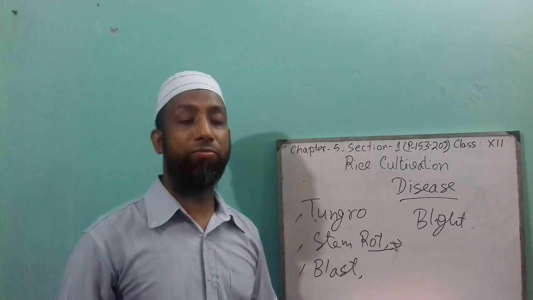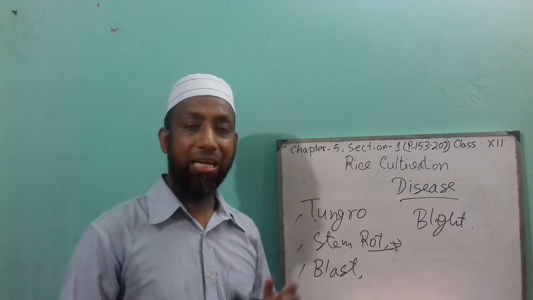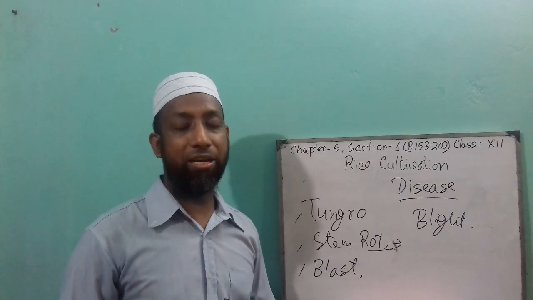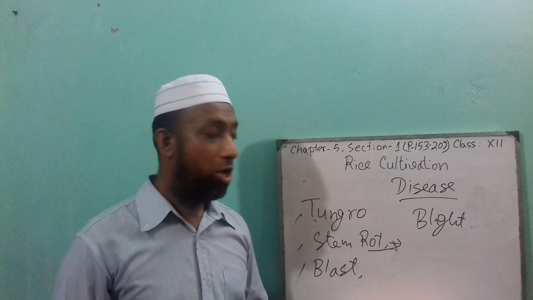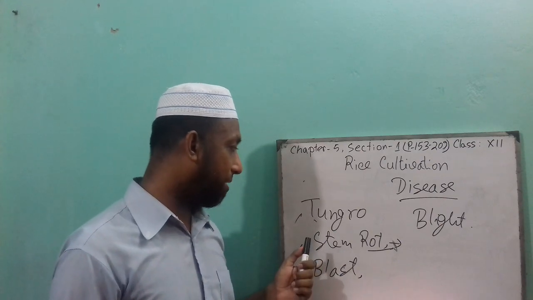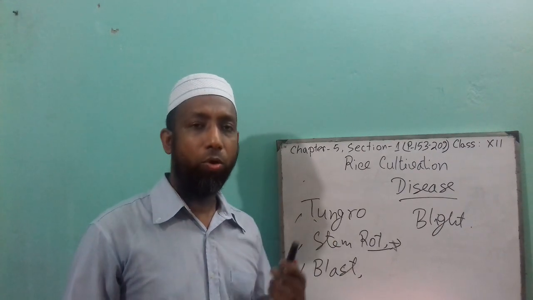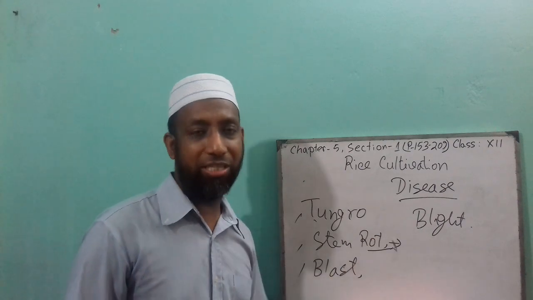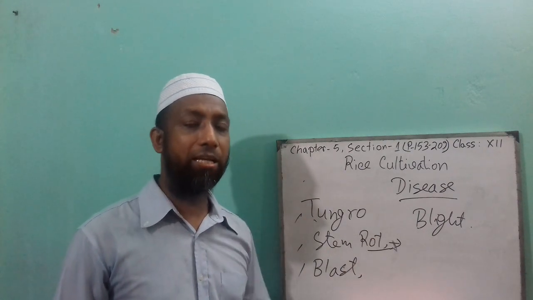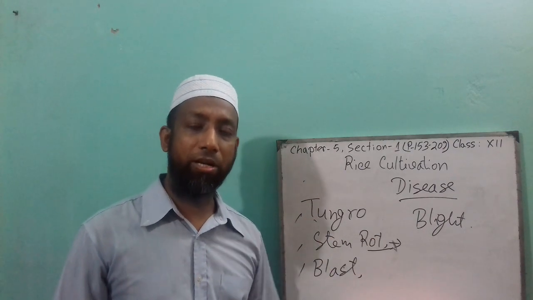Even you can find some CQs as well, like explain the wet seed bed or dry seed bed. Or in the exam they may mention one disease like blight disease, and you can explain the blight disease with causes, symptoms and control measures.